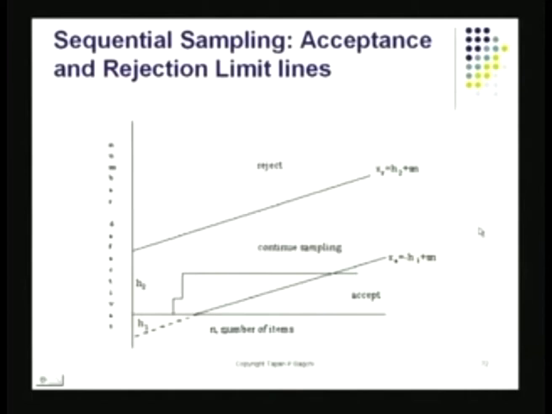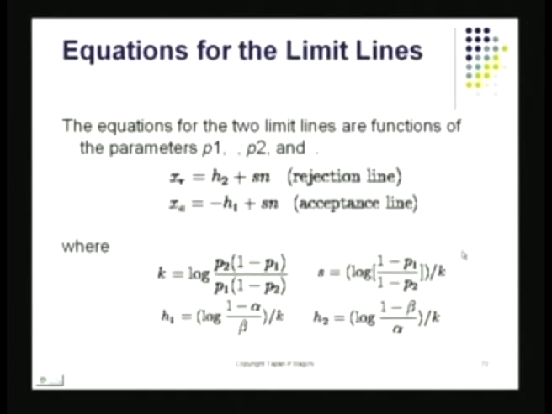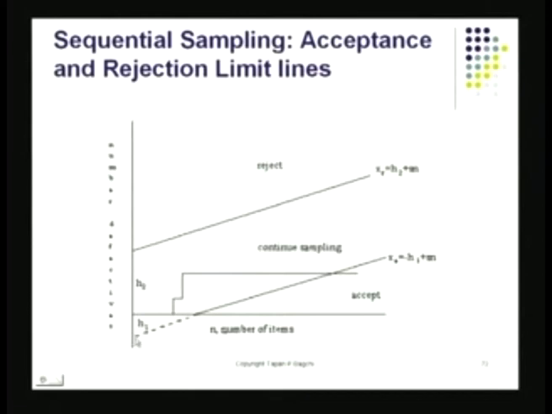This is a very powerful method, and the formulas for these lines are given as straight line equations, and their parameters are given by this expression here. You've got a rejection line, which is the lower line in the plot, and you've got an acceptance line, which is the upper line in the plot. So if we go back to the plot, this is the acceptance line.